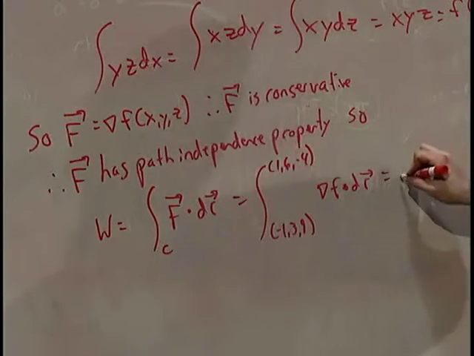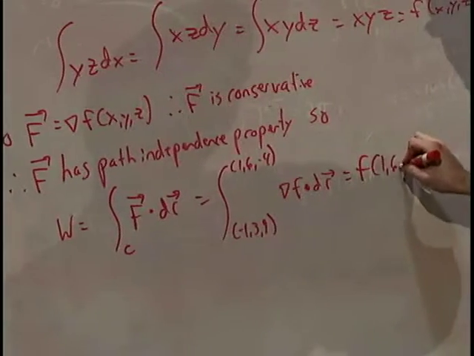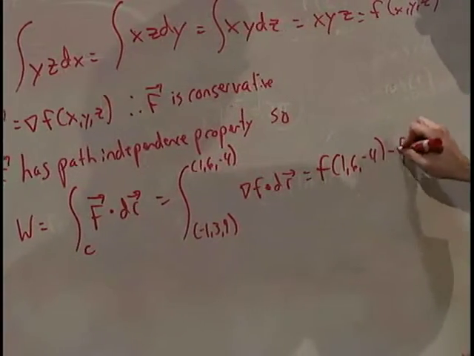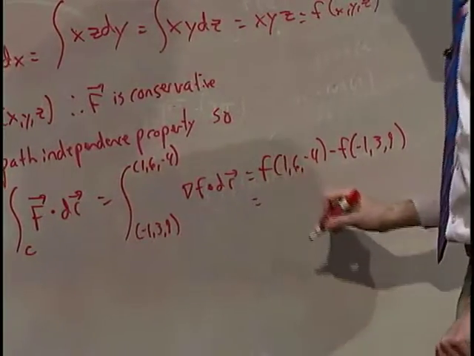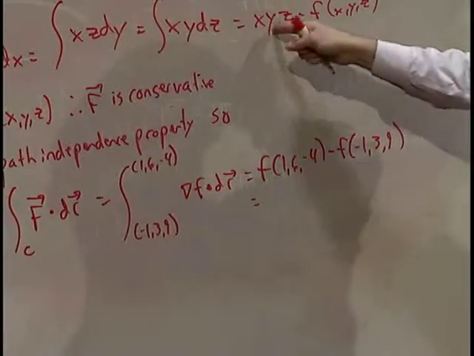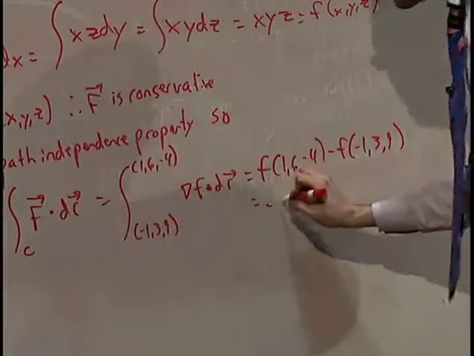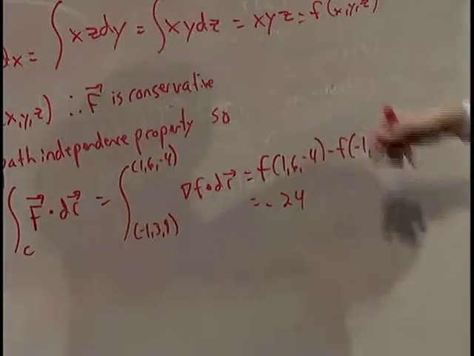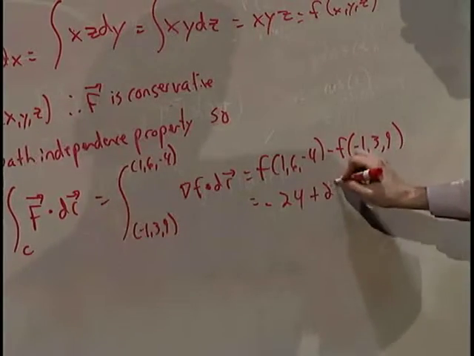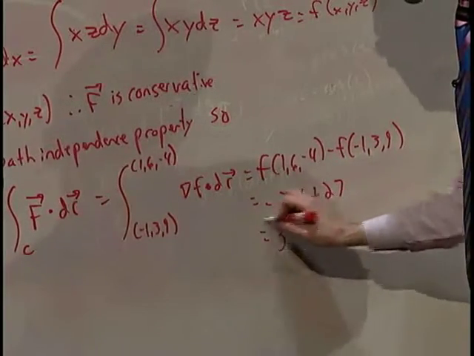So this is just f(1, 6, -4) minus f(-1, 3, 9). Plugging in, 1 times 6 times -4 is -24. Negative 1 times 3 times 9 is -27, so it's plus a positive 27, so it's equal to 3.